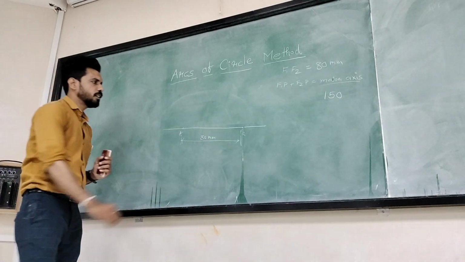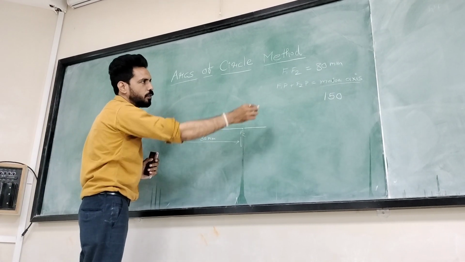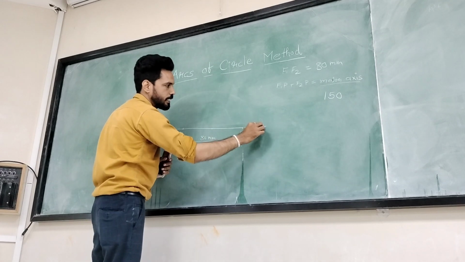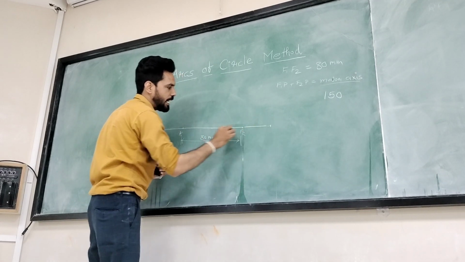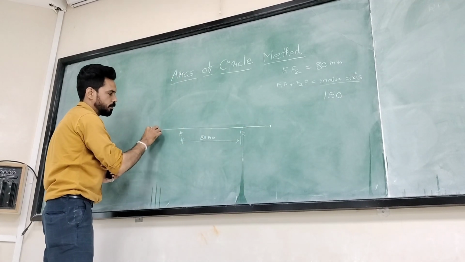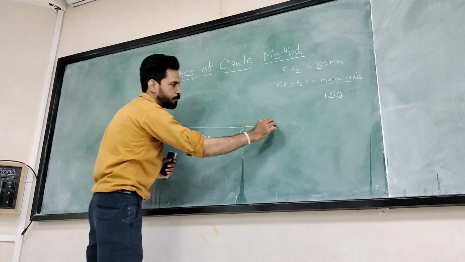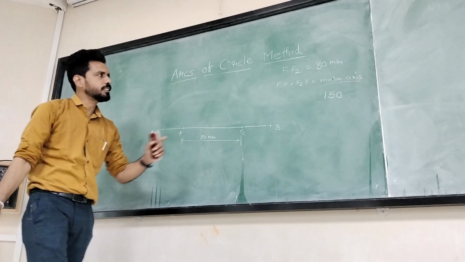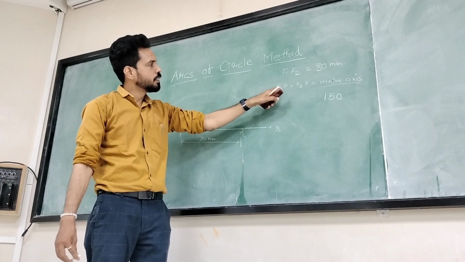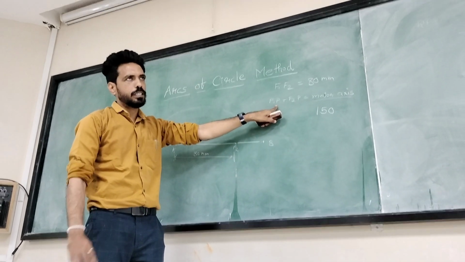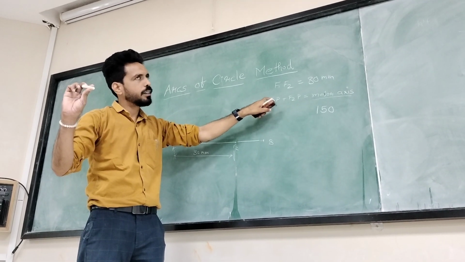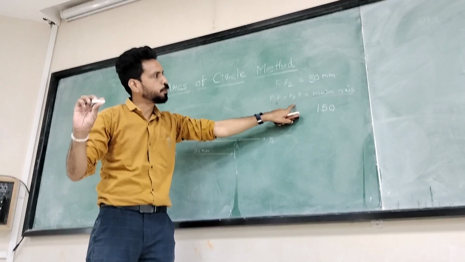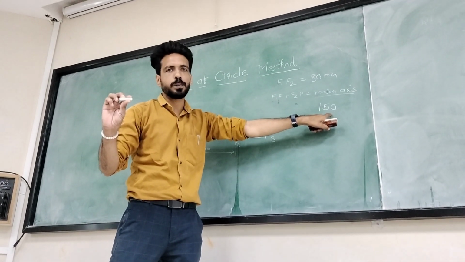And from the center we will also plot the major axis, that is 75 mm on each side. So here you will get point A and point B. Now as we discussed, in arcs of circle the moving point P has F1P plus F2P equal to 150, that is your major axis.